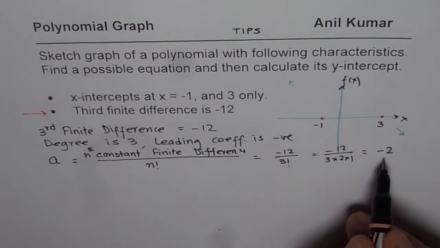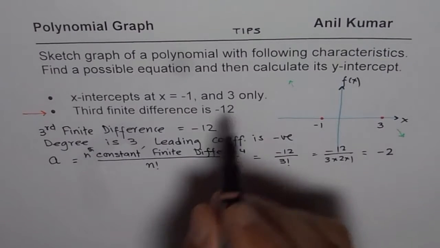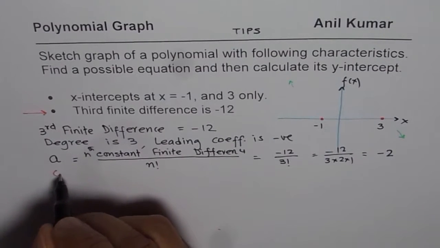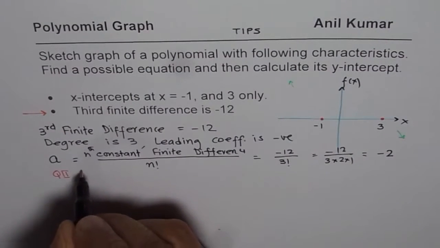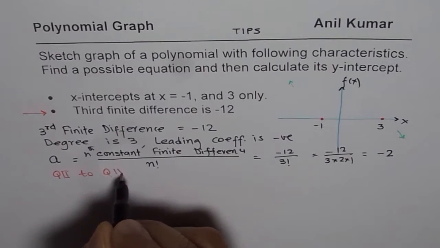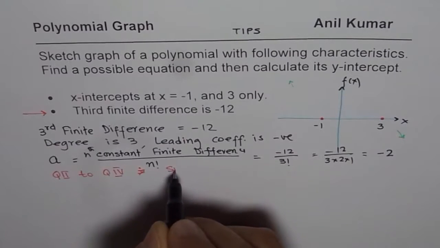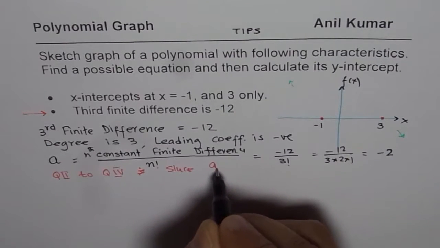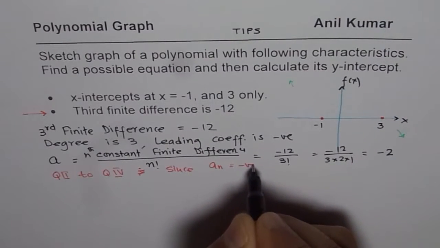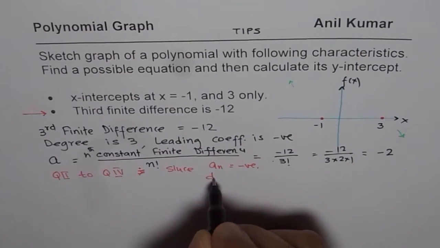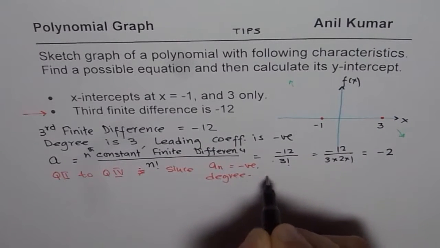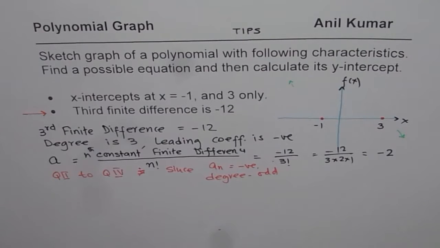So since the leading coefficient is negative, we know that the graph goes from quadrant 2 to quadrant 4, since the leading coefficient is negative and the degree is odd, which is 3 in our case.